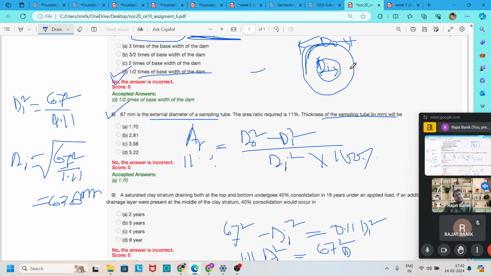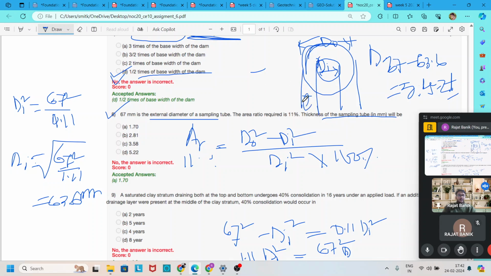So the difference is 67 minus 63.6 equal to 3.4, which is equal to 2 times the thickness t, because the difference comes from this thickness plus this thickness.